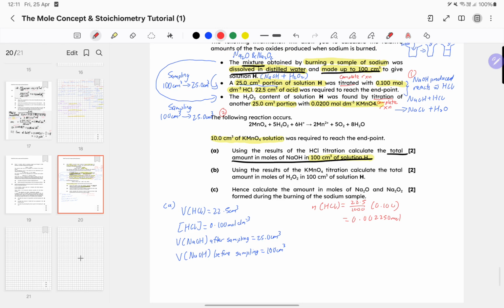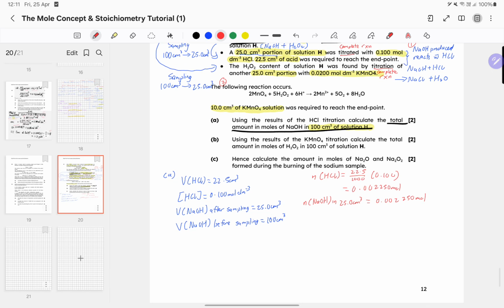Then the next part is, you want to find out the number of moles in 100 cm cube. I find out the number of moles in 25.0 cm cube. So remember, this is 25.0 cm cube. The fact that the mole ratio is 1 to 1, it will still be the same.